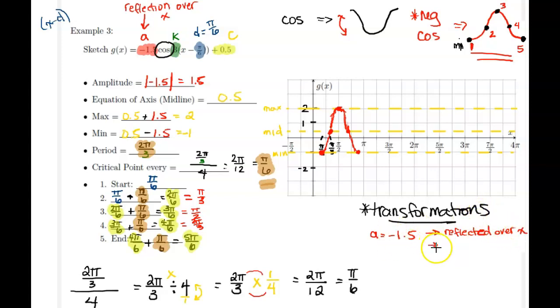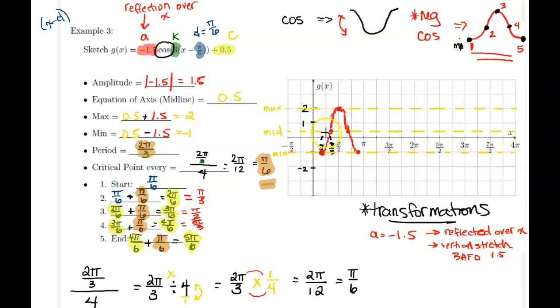And because it's greater than 1, it's a vertical stretch by a factor of 1.5, because the original function only had an amplitude of 1, but this has an amplitude of 1.5, so it's been stretched vertically by about 1.5.